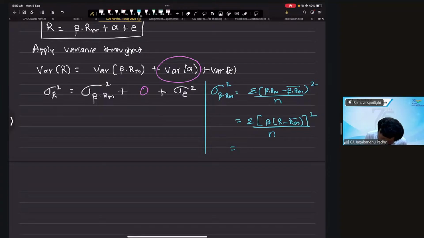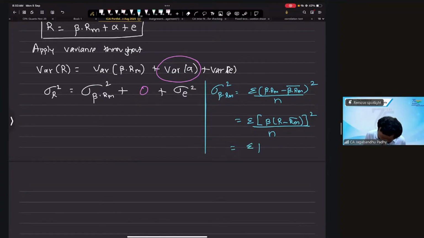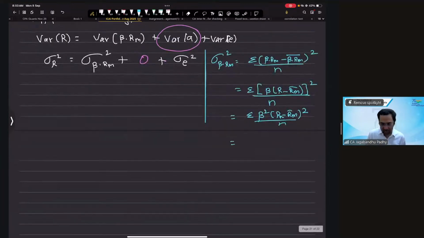Since this will be beta square into Rm minus Rm bar square upon n, and beta is a constant term, we can take it outside. So beta square into summation of Rm minus Rm bar square upon n. Can you tell me what this term is?